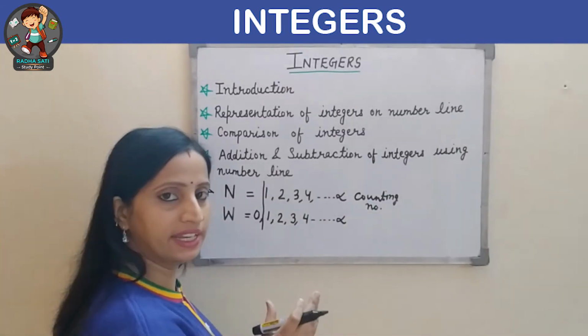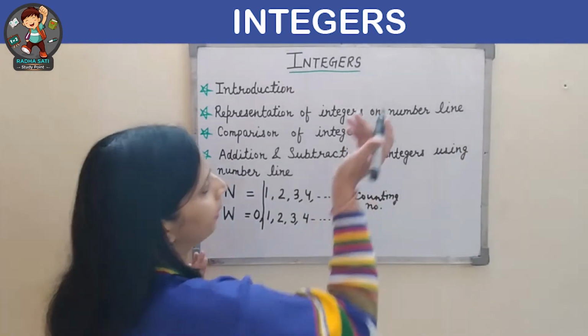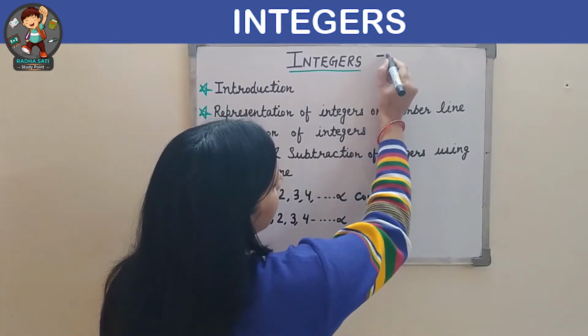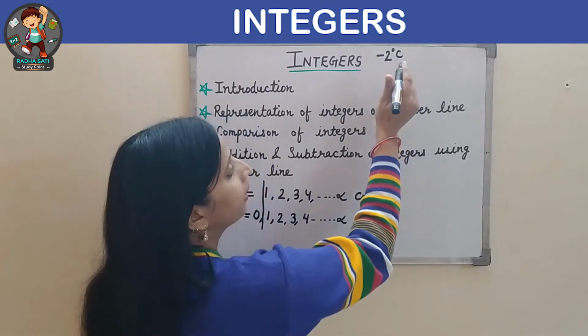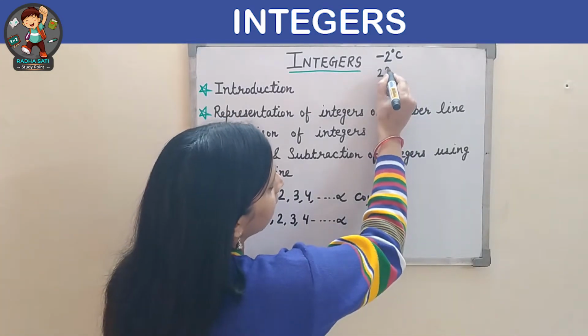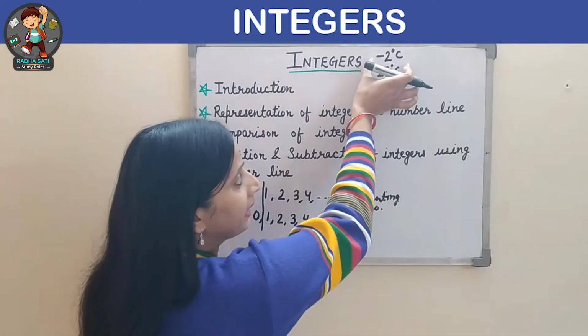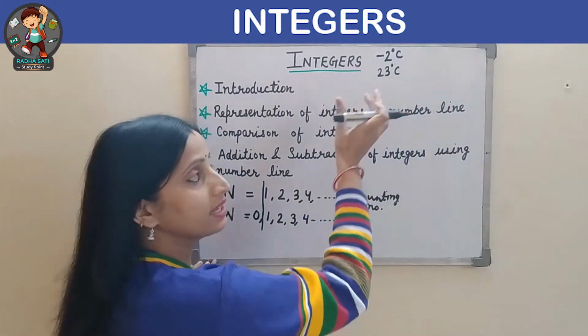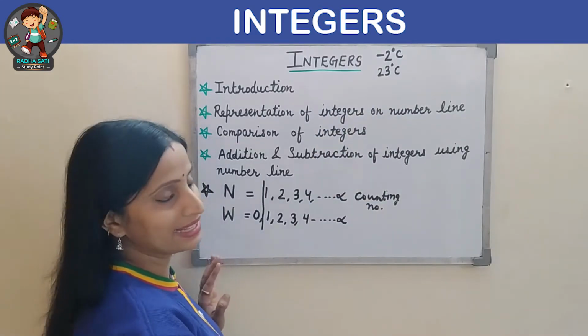You all must have seen numbers that carry a negative sign. For example, the temperature of a place is -2 degrees Celsius at night and 23 degrees Celsius during the day. So -2 degrees Celsius means that the temperature goes below 0 degrees Celsius.